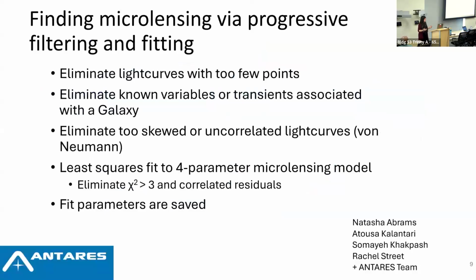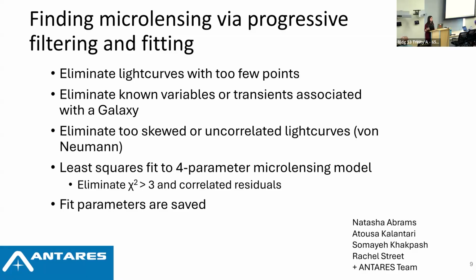To go into slightly more detail on the ANTARES filter that we've implemented, we start by eliminating light curves with too few points, eliminate the known variables or transients associated with a known galaxy, and use the von Neumann parameter to eliminate light curves that are too uncorrelated, since microlensing is expected to be smooth, or too skewed light curves.